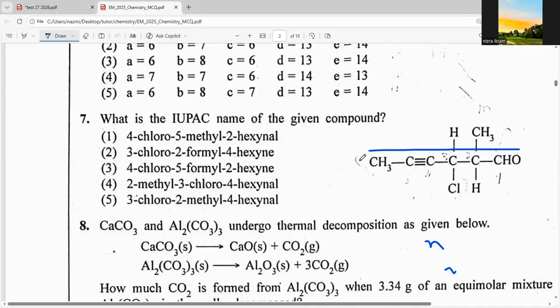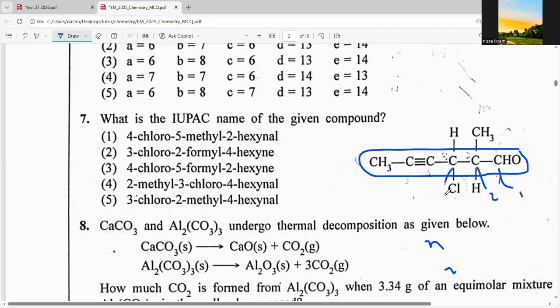Okay. So this is the main chain, right? We have an aldehyde, that's the main functional group. So one, two, three. We can see in the second carbon we have methyl, third carbon chloro, fourth carbon has the triple bond. So 4, 5, 6 hex. 2 methyl, chloro, 4 hexyne.